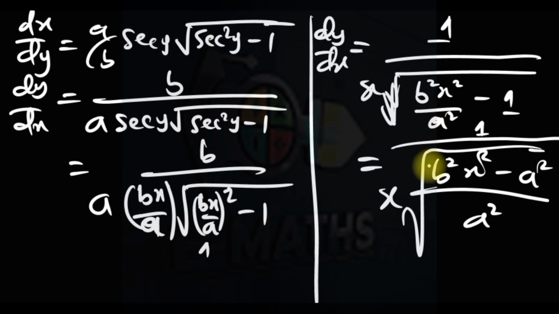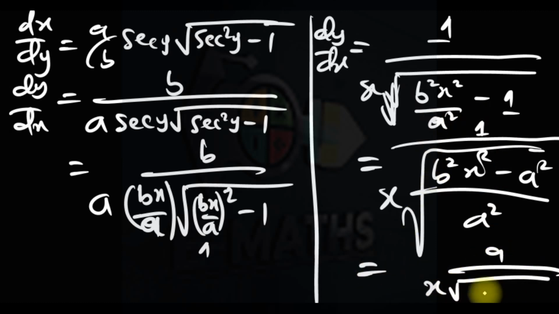So the answer will be a over x times the square root of b squared x squared minus a squared. So I have x square root of this over a, and reciprocating, 1 over that is now a over.